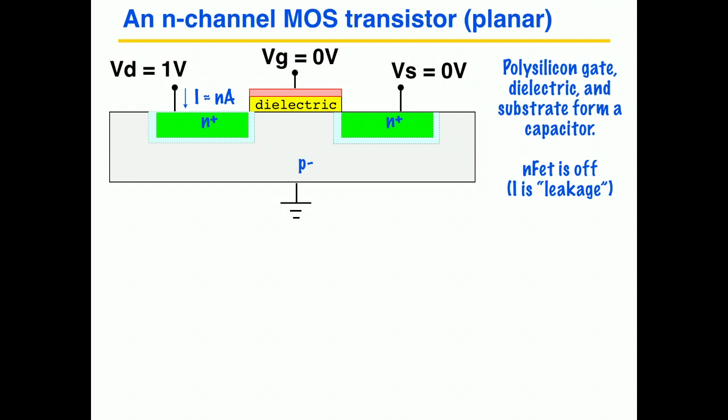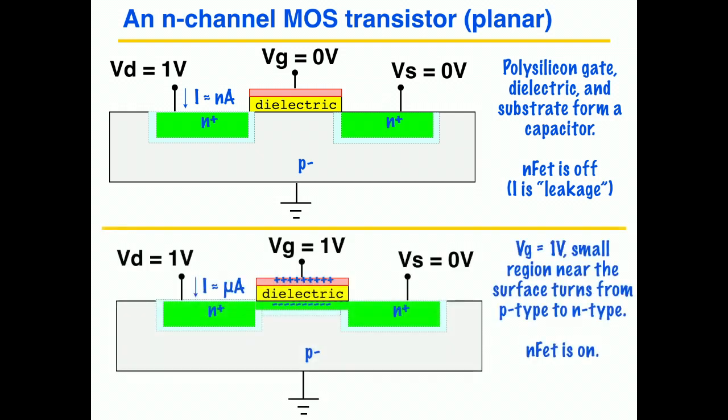So in this configuration here, we have a voltage here, and no voltage on the gate. If we apply a positive voltage on the gate of this transistor, as shown here, what will it do? It will pull some electrons from the bulk up under the gate. So this kind of looks like a capacitor. We've got a voltage here. This part is typically grounded.